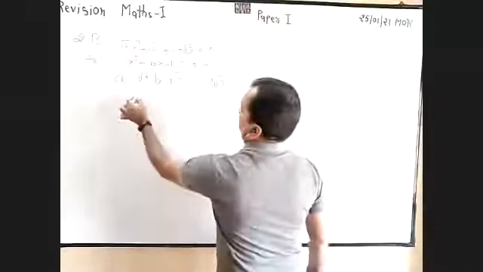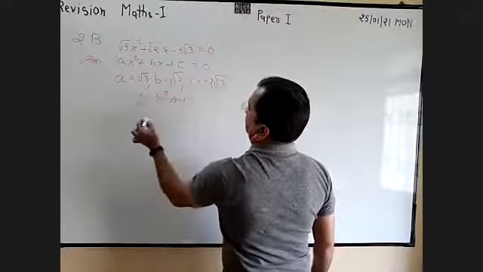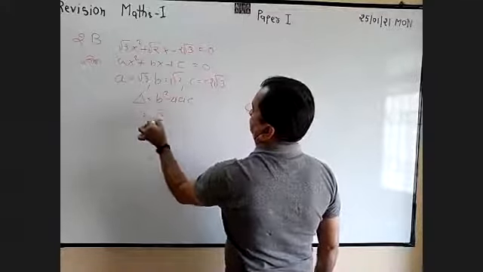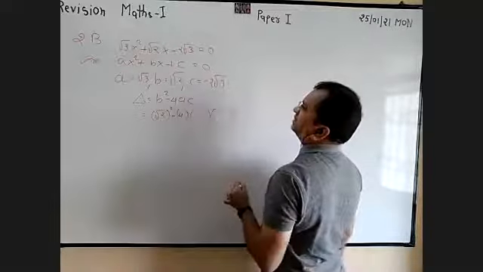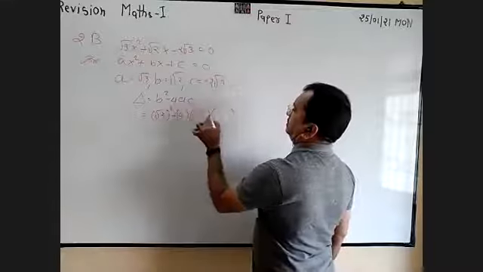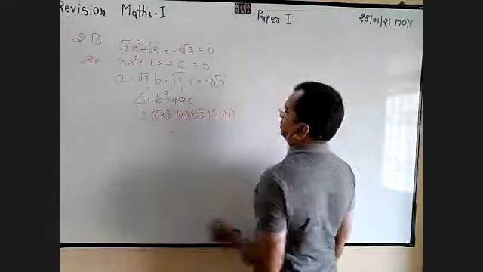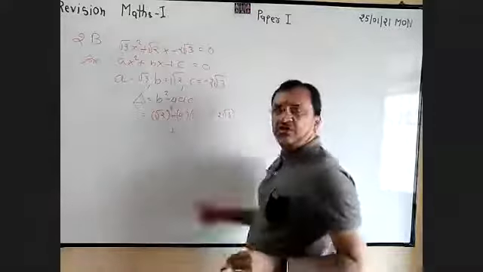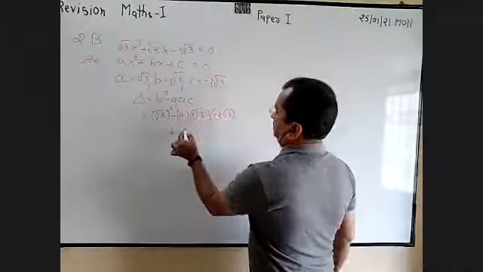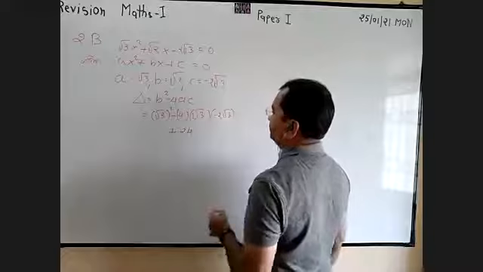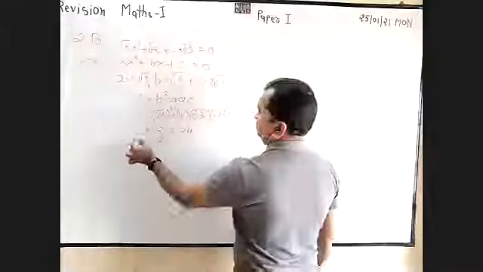Discriminant value, that is delta, is b square minus 4ac. B square minus 4ac: minus minus plus, 4 into 3 is 12, root 3 into 2 root 3 is 6, 12 into 2 is 24, plus root 2 square, that is 2, so 26.